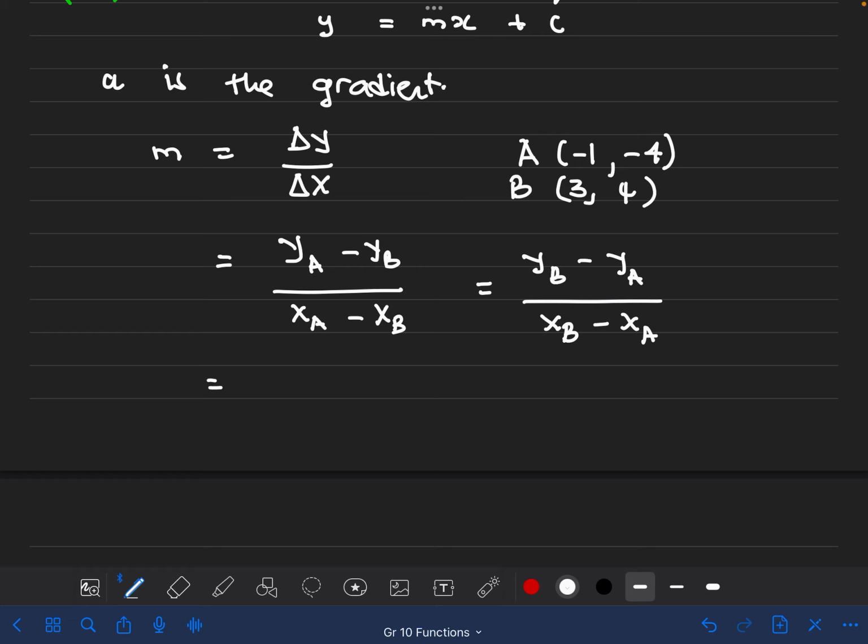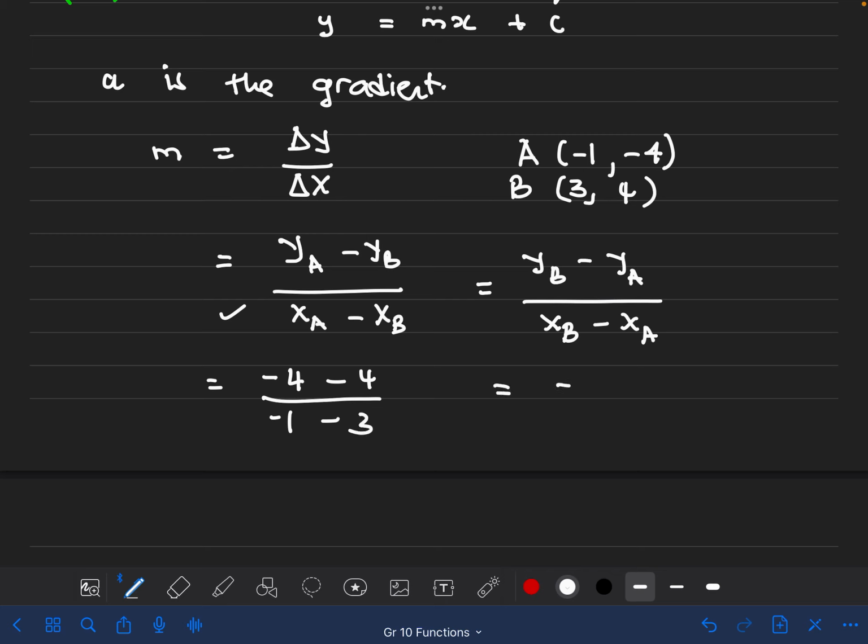So now let's find the gradient. Let's use this one over here. y_A is negative 4 minus y_B, which is 4, divided by x_A, which is negative 1, minus x_B, that is 3.